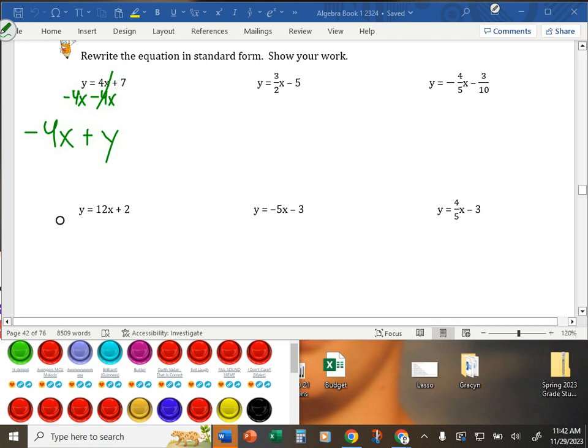Negative 4x, and the y is positive, so plus y. And then what's left on the right side is my c term, 7. That's it. Where's the B? What is the b here? 1, right? You don't have to write it, but it is technically a 1.